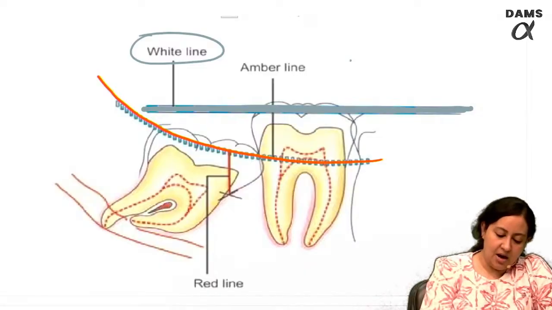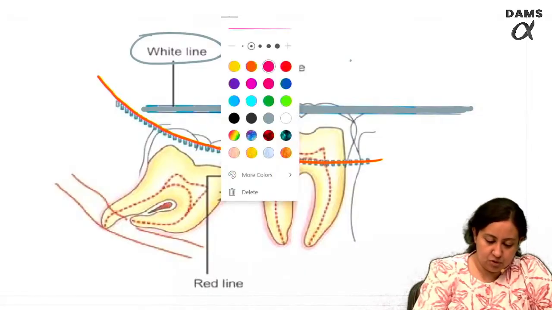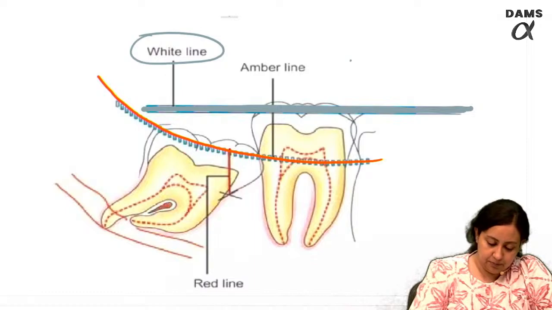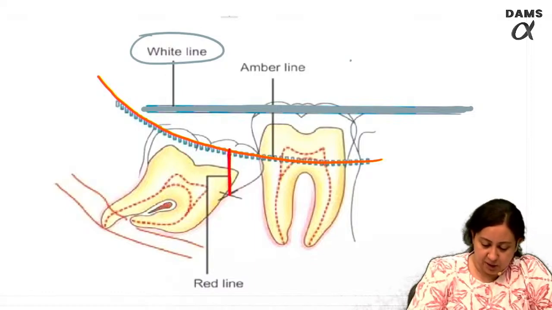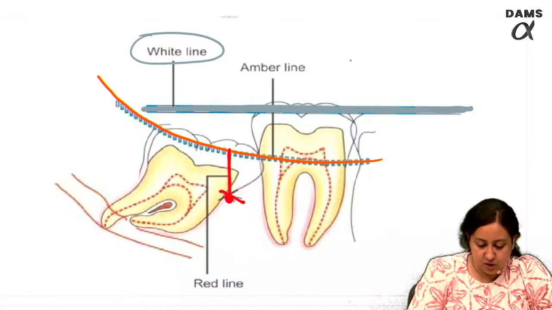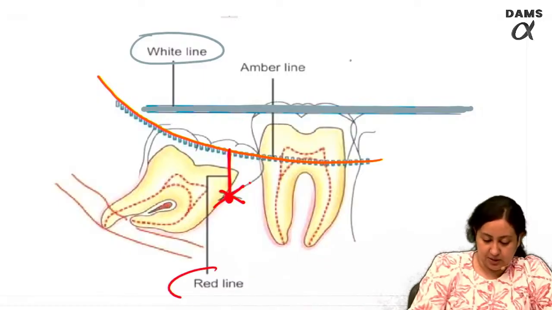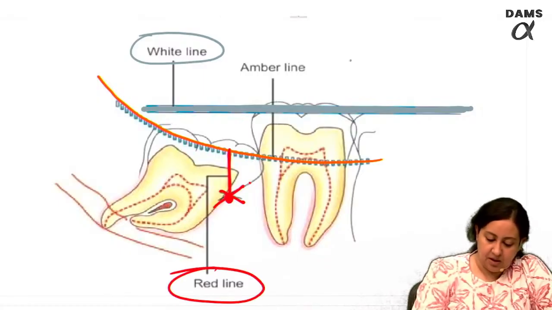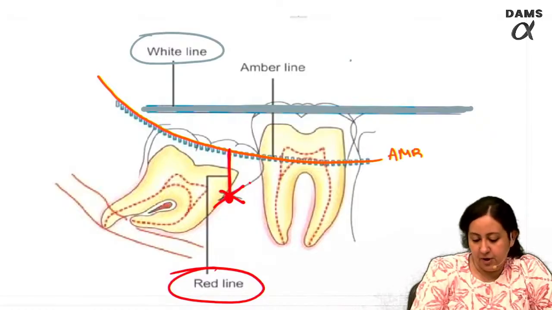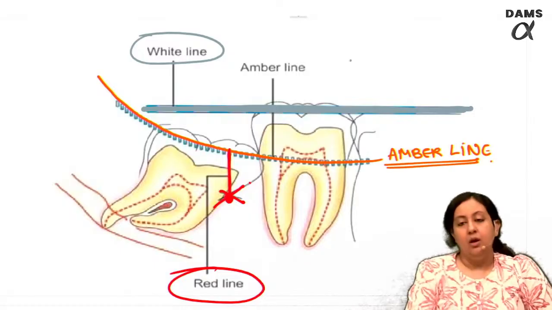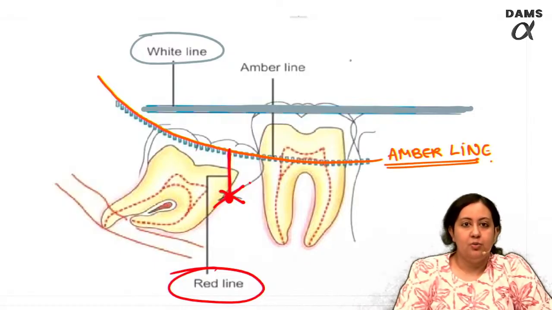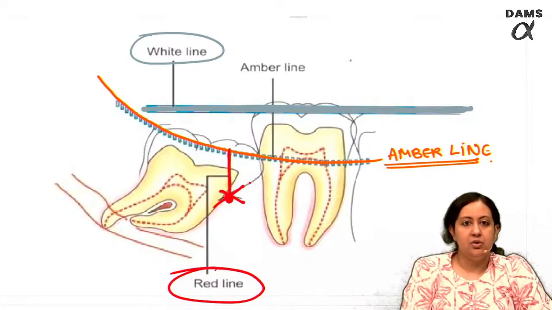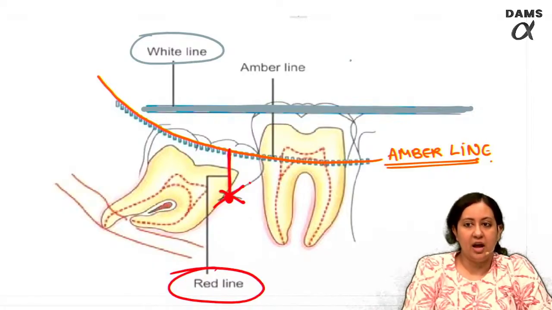And from the amber line, you drop a perpendicular to the point of application of elevator. It is denoted by a cross in this diagram. So this is your red line and this is your amber line. My suggestion to all of you would be, just try to remember this visual or the diagram that I've drawn. You will not forget in your exams. It's going to be easy for you all to remember.